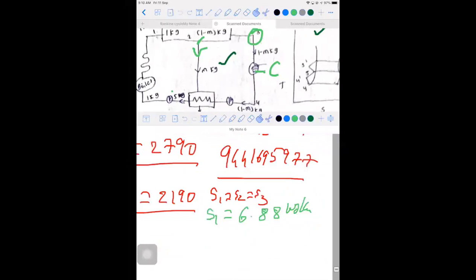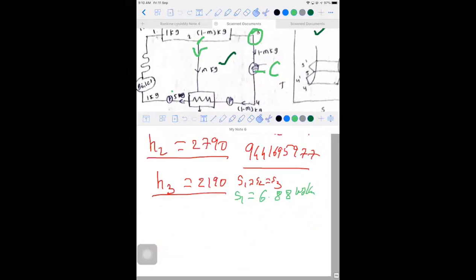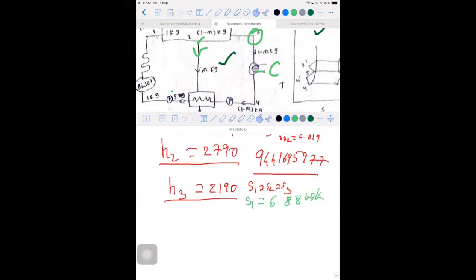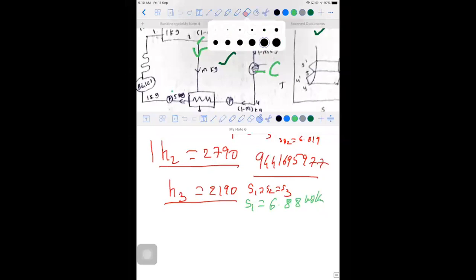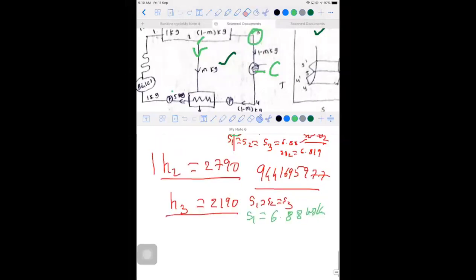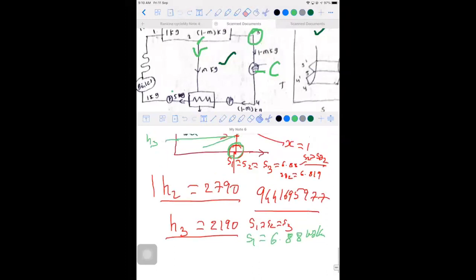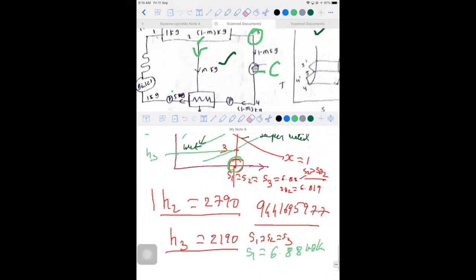Now we'll solve the problem with case 1. Case 1 is the regenerative cycle.